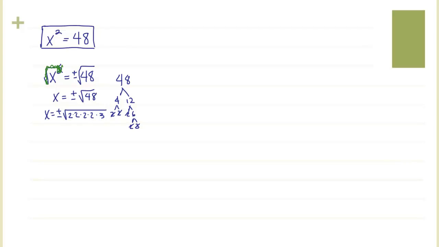And I'm looking for pairs, because square means pair, two of a kind. I have 2 pairs of 2's, so I'm going to have 4 square root of 3, because this was 2 times 2, right? 2 2's came out, so we have 4 square root of 3.